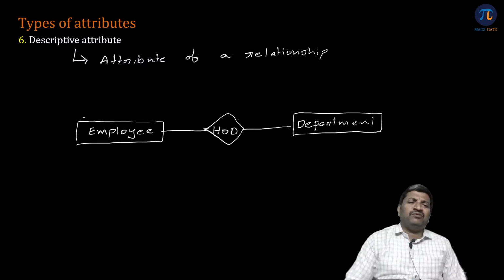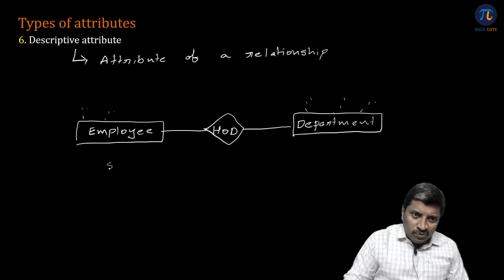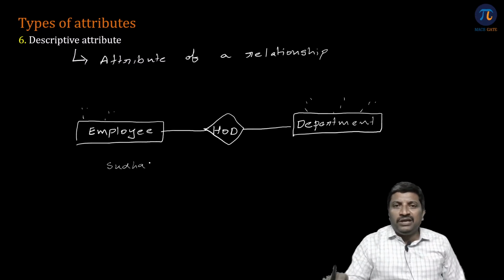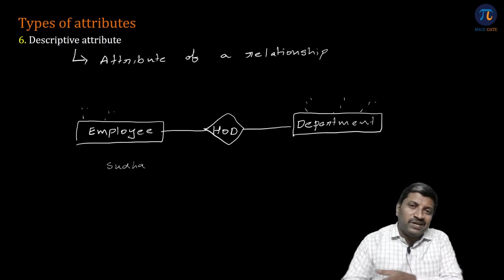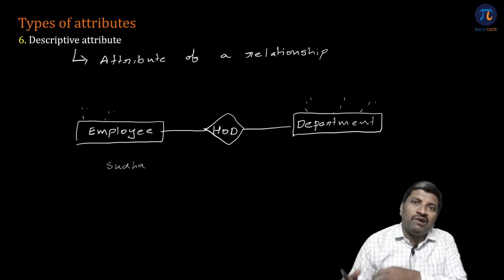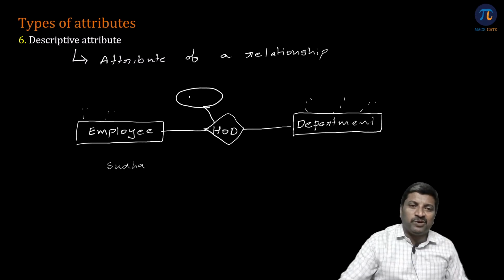For employee, we may have some details, and for department, we may have some details. We don't consider all those things now. Suppose my HOD is Sudhakar at present. Before Sudhakar, there may have been another HOD. Sudhakar is not permanent in that post. After Sudhakar, some Sita will come as HOD. So whenever you say an employee is the HOD of a department, from which date to which date?